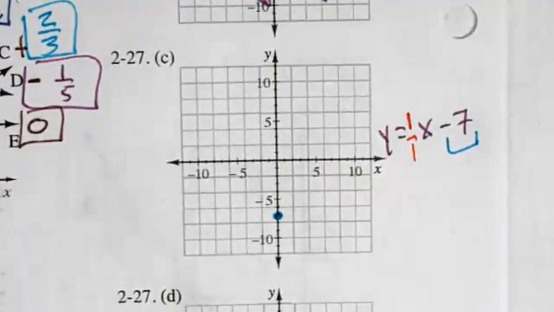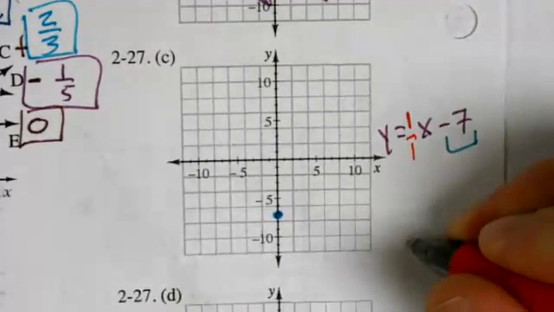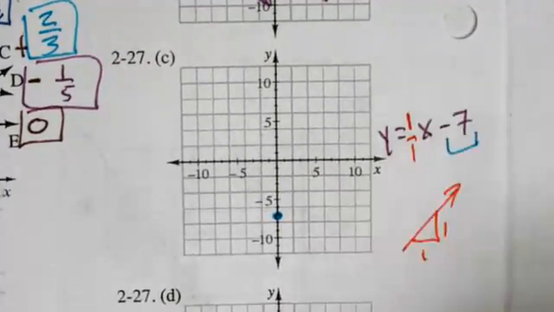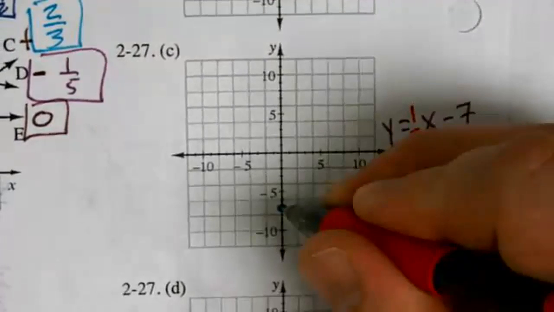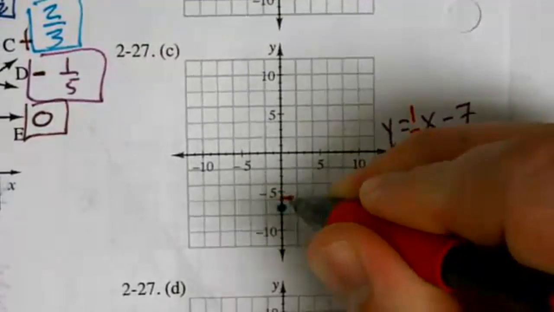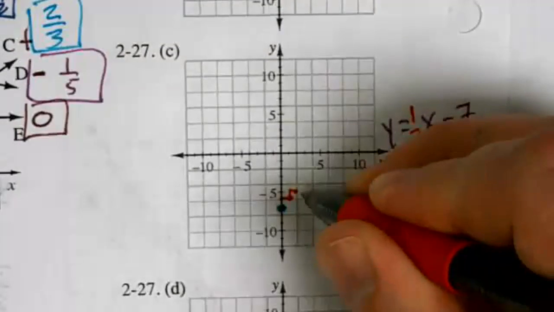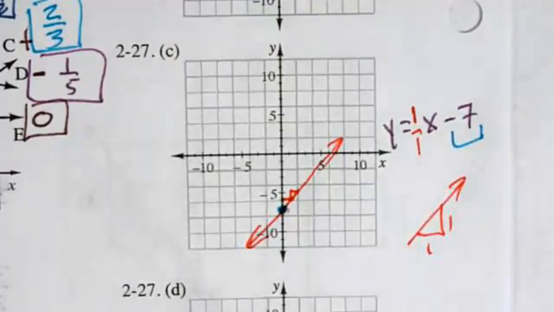So we do have a slope. Our slope is +1, or +1 over 1. It's positive, which means we're going uphill. If I drew my slope triangle, it would have a 1 and a 1 on it. So from here, I just need to go up 1 over 1. And then I could keep going up 1 over 1, up 1 over 1. We should end up seeing a line that looks something like that.